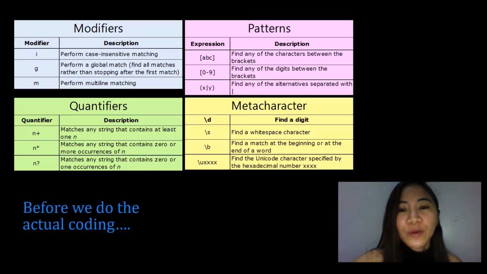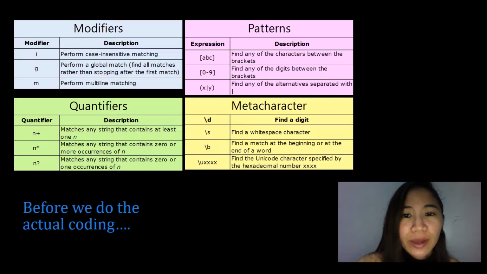There are also regular expression patterns, where brackets are used to find a range of characters. For example, [abc] inside brackets finds any of the characters between the brackets, while [0-9] finds any digits between the brackets. x|y finds any of the alternatives separated with the line.